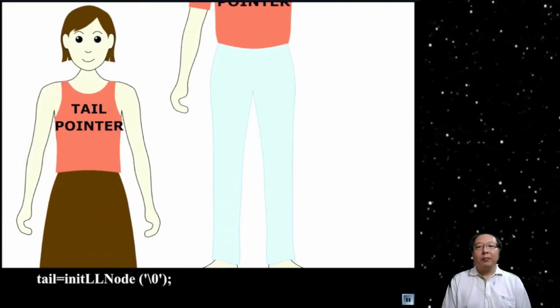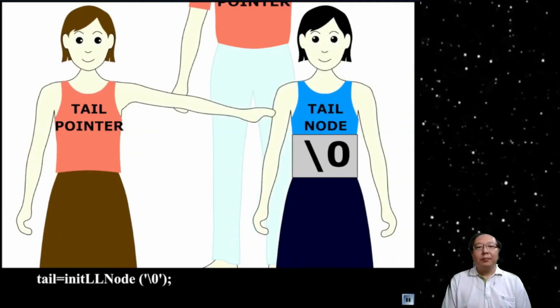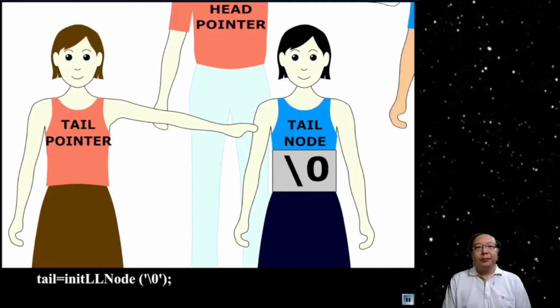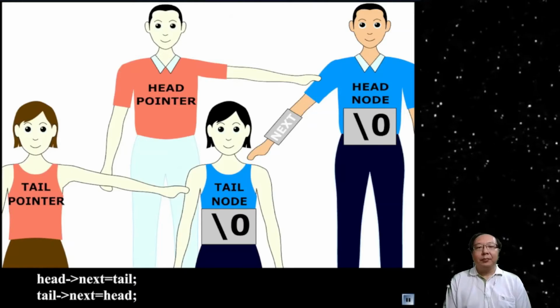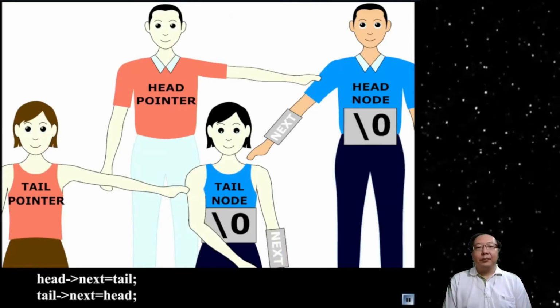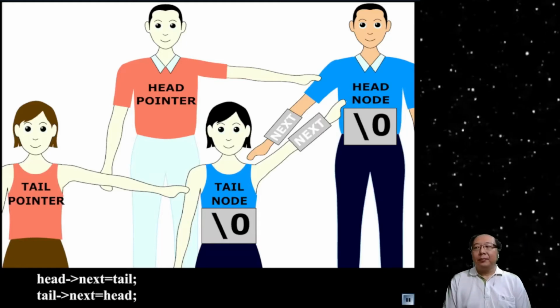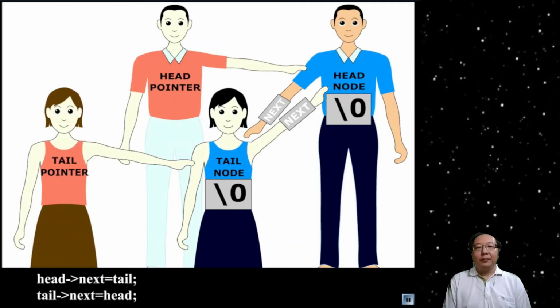Then, we call init LR node again and make tail point to this new node. This is the tail node, which has a null character in it. Now, make head arrow next point to where tail is pointing to, which is this tail node, and make tail arrow next point to where head is pointing to, which is this head node. The initialization is now set up.